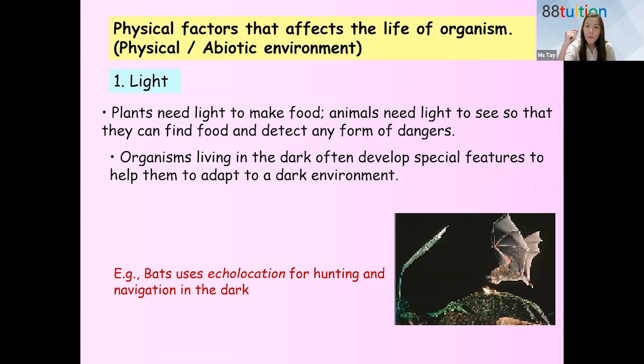It will give off a certain sound, so there's a vibration. That vibration hits the prey and echoes back, so the bat will know exactly where the location is and how far away it is. They have this special ability to tell the location of their prey. Very interesting.